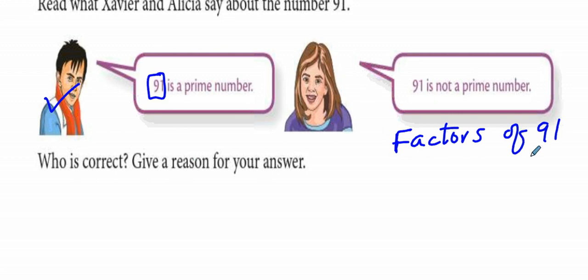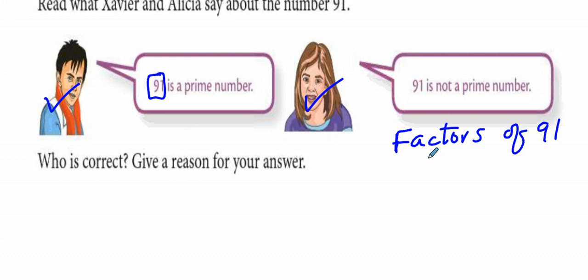If 91 has more than two factors, this person here will be correct, because she's the only one saying 91 is not a prime number. If there exist only two factors of 91, then we conclude that 91 is a prime number, otherwise not.